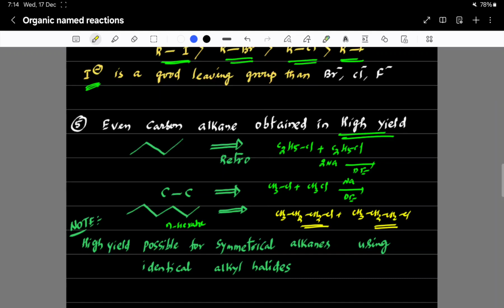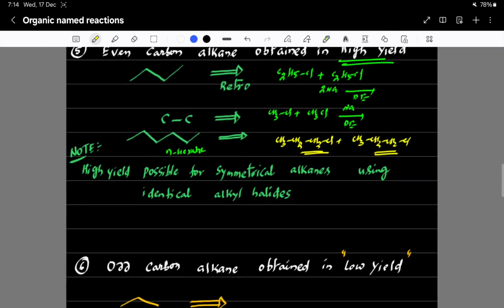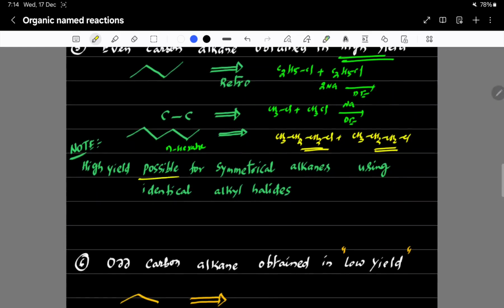Too many byproducts will come, so automatically the main product yield will be very, very low. That's why the even carbon alkane is obtained in high yield. But the very, very important thing is, student, a high yield is possible for symmetrical alkanes using identical alkyl halides. That is required, then only it will give the high yield product.